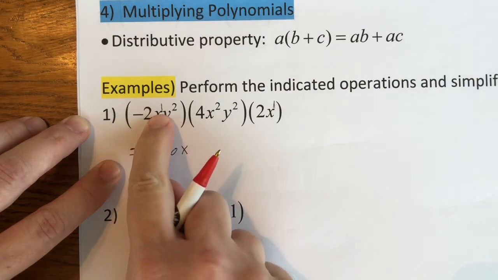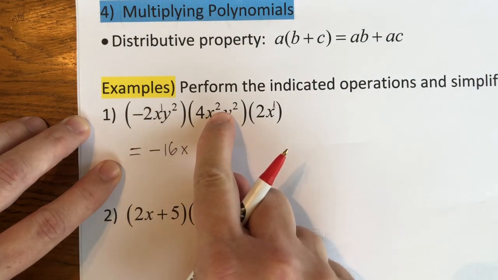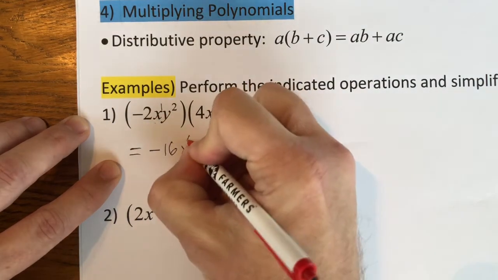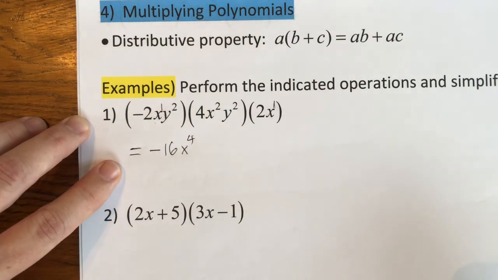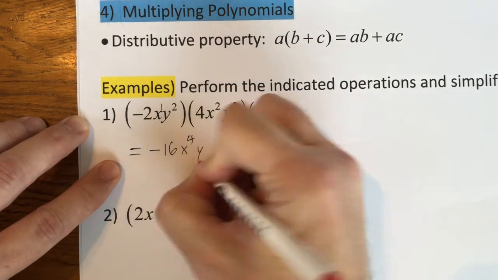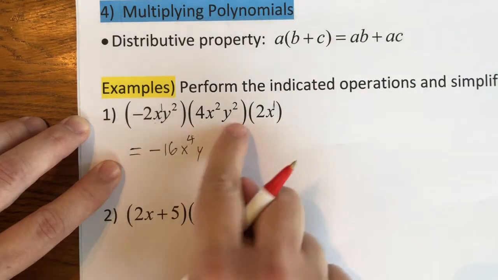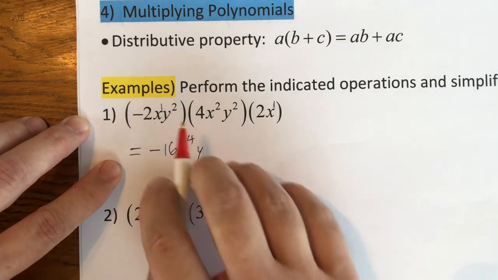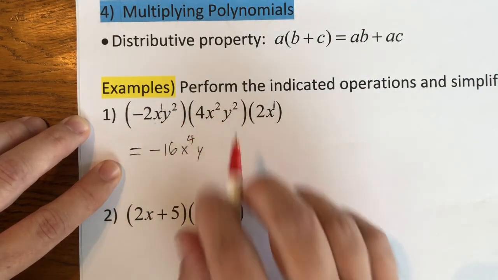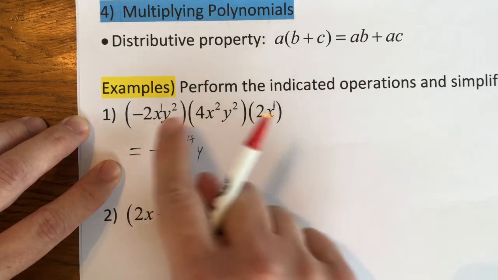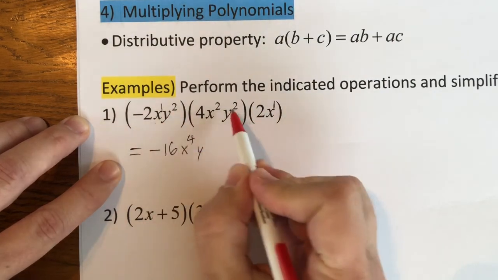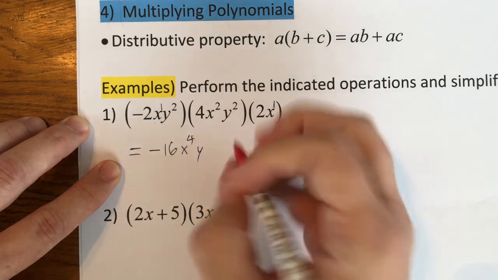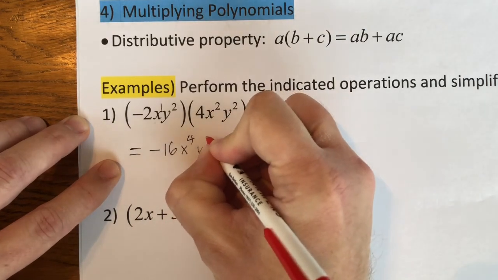So we have 1 plus 2, that's 3, plus 1, that's 4. Finished with the x base. Moving on to the y base. We just have a pair of those. We have y squared times y squared. Again, when you multiply like bases, you add their exponents. So you'd get 2 plus 2, which is 4.